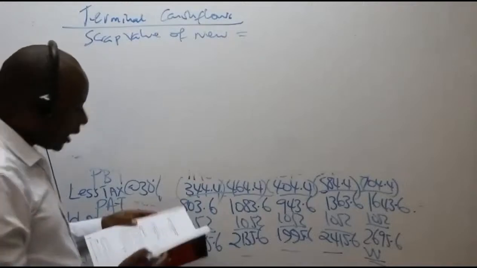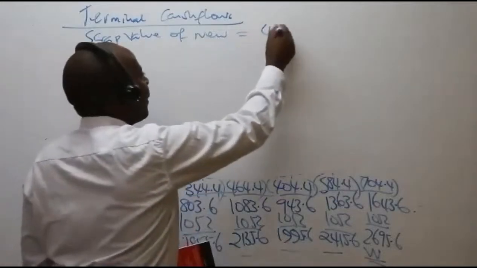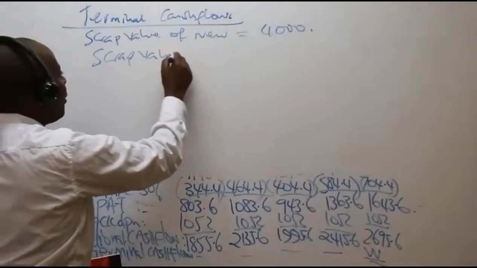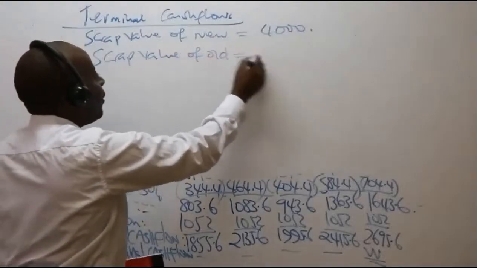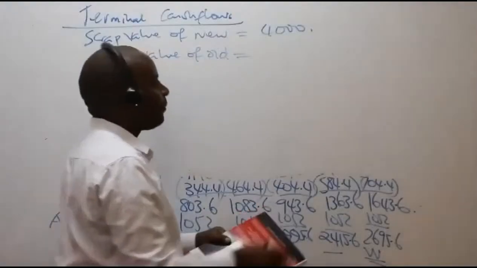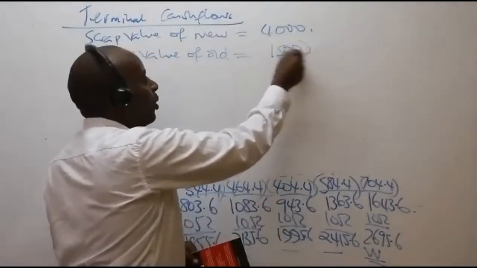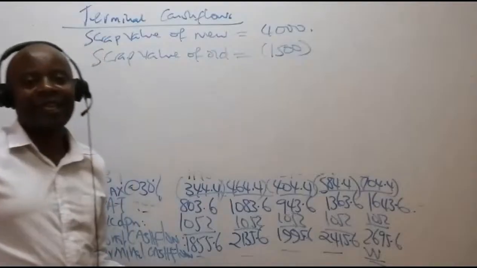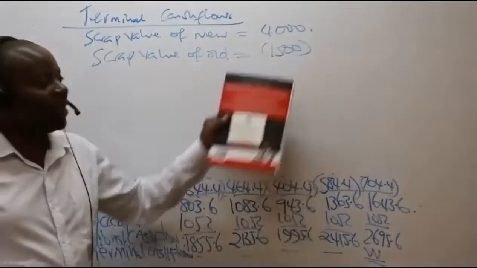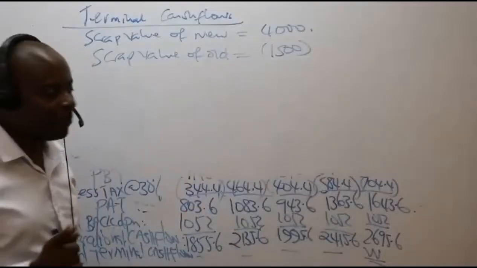They gave me 4,000. And then we have scrap value of old. They gave me a figure of 1,500. Remember, old is an opportunity cost. I'll lose that. If I make a replacement decision today, I will lose this money. So I'm capturing it in brackets.